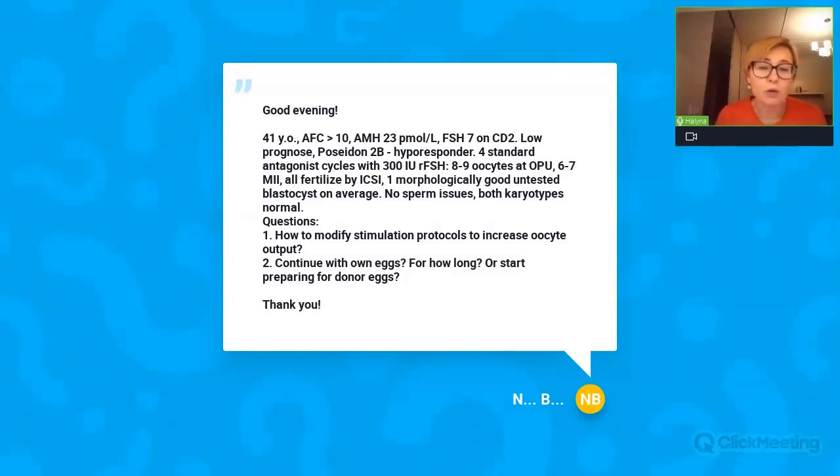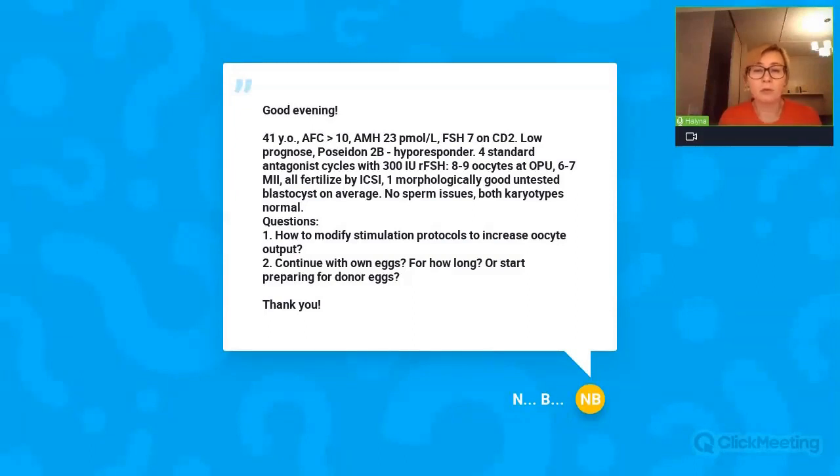Continue with your own eggs, okay, depends if you can talk with your laboratory and try to modify the strategy. For example, using piezo activation, using calcium ionophore, using probably spindle transfer, and in this case to see the blastocyst formation rate.